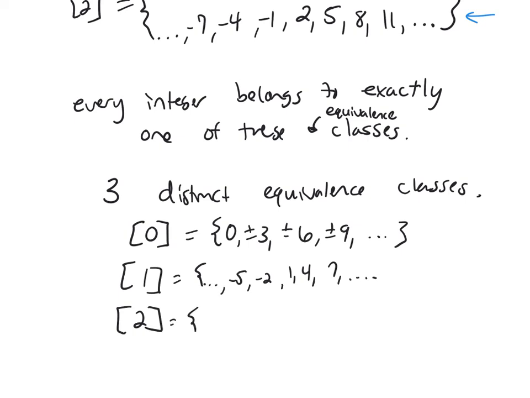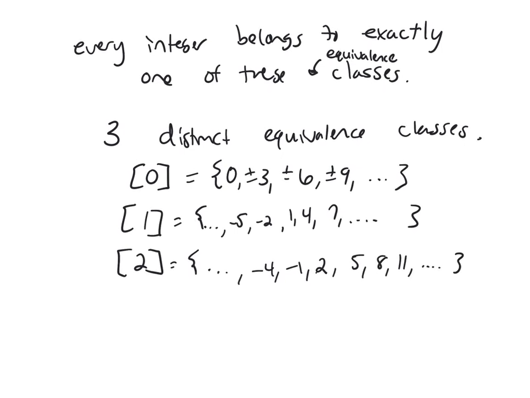This one had -4, -1, 2, 5, 8, 11. So if we look here and think about this first one, these were all multiples of 3.